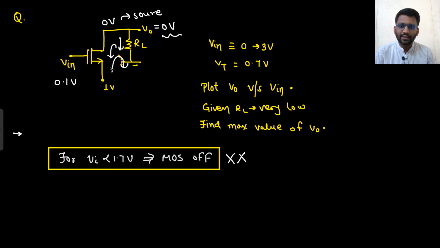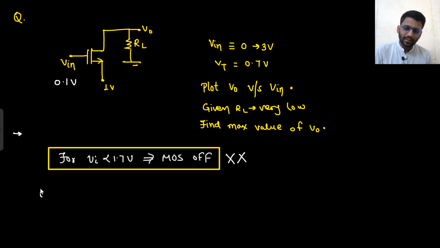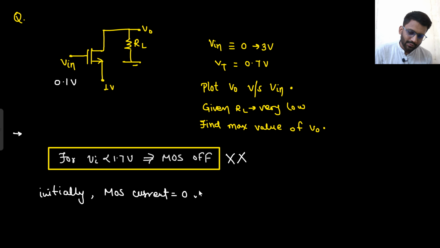What I mean to say is that I will write down all these points now. Initially, MOS current is 0 amp. If that is 0 amp, that shows that V0 is equal to 0 volt.